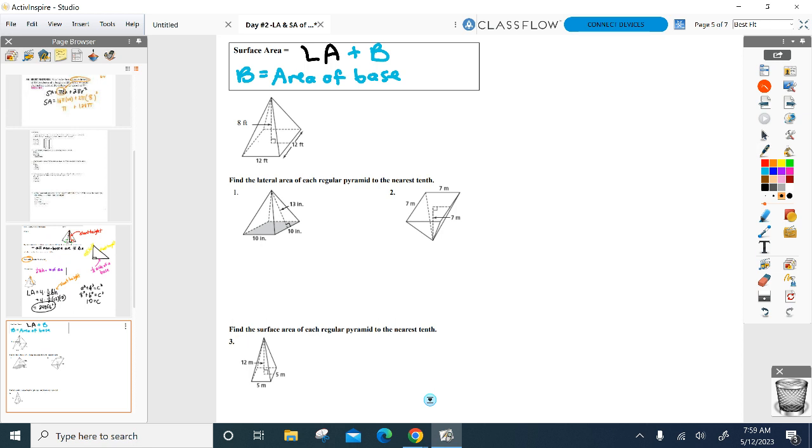Can we go back to the figure we just found the lateral area for? Can you help me find the surface area of it now? Same exact pyramid. We just found the lateral area to be 240. Now we're going to add on the area of the base. I told you already the base is always regular. You can assume the base is always regular.